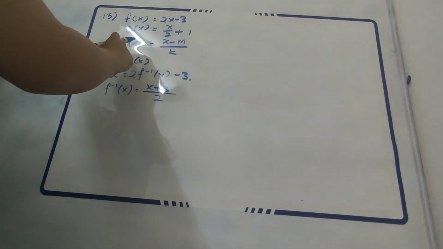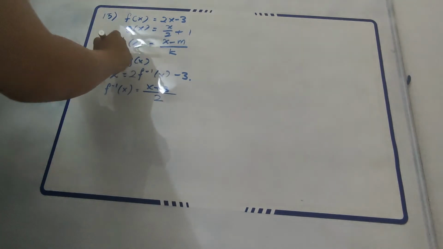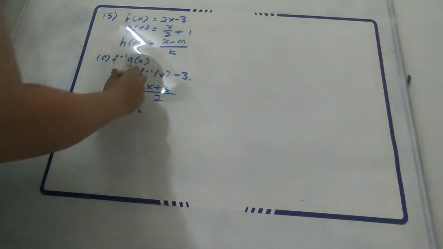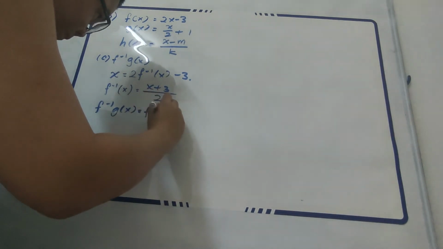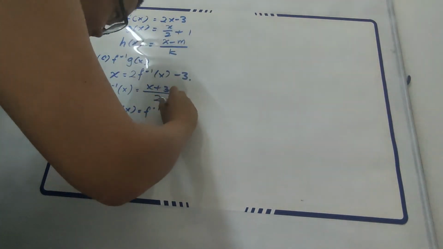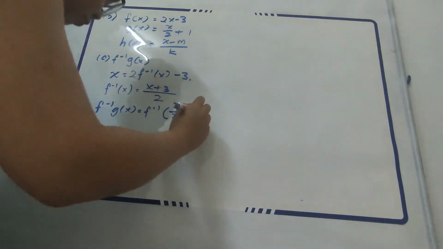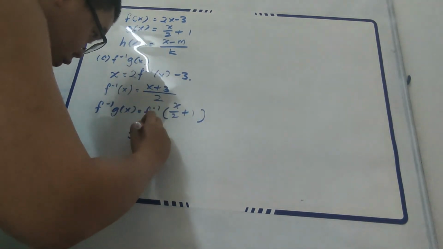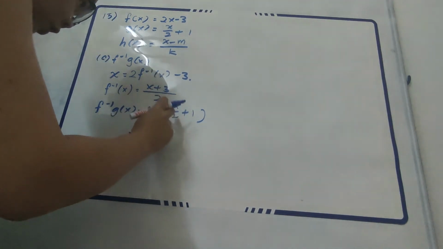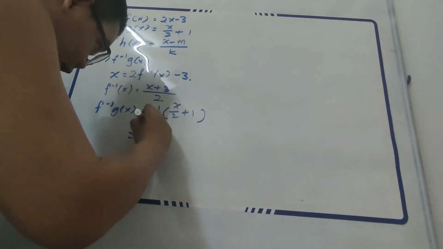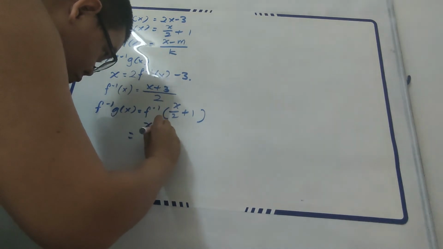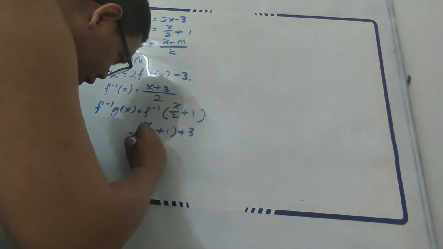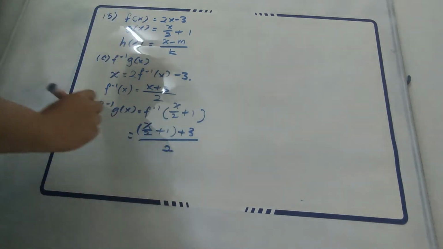If you want to find this composite function, f inverse of g(x) is equal to what? It is f inverse of (x plus 2 over 2 plus 1), so substitute the whole thing inside: (x plus 2 plus 1 plus 3) divided by 2.